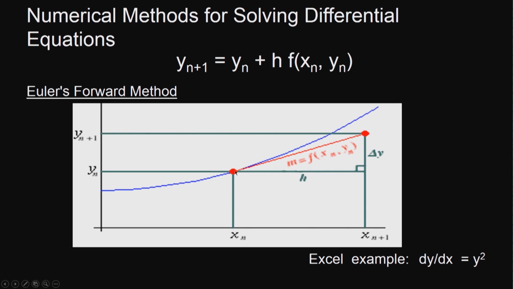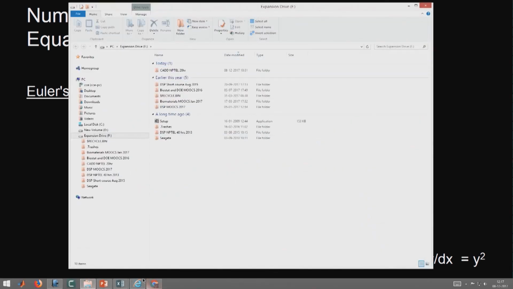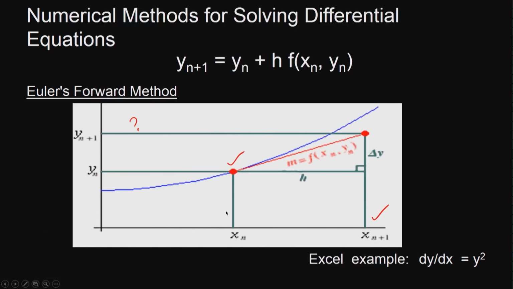So for example, you are here at xn, yn, and you want to find out what will be the y(n plus 1) at this particular time point. You do y(n) plus h f(xn, yn).